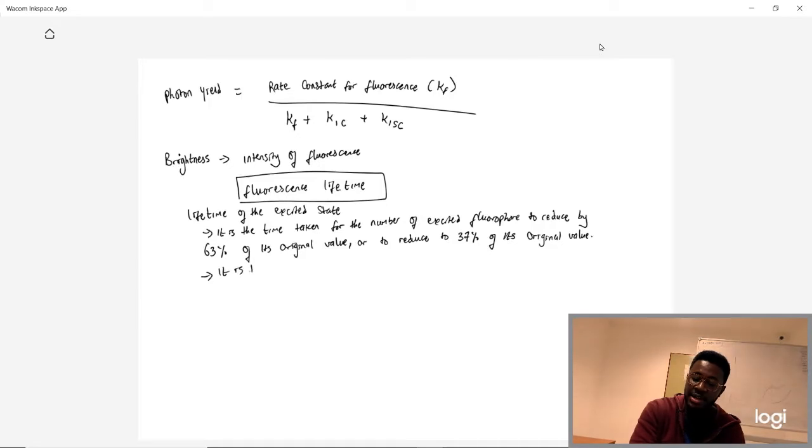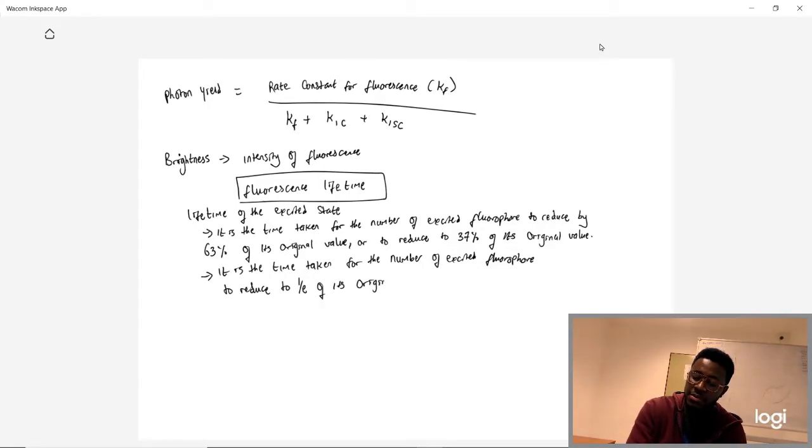So it is the time taken for the number of excited fluorophores to reduce to 1 over e of its original value.